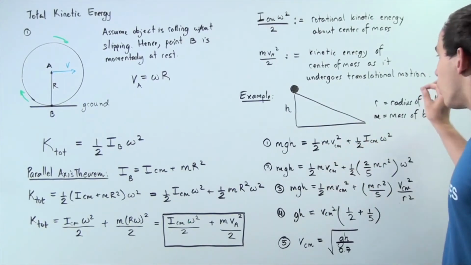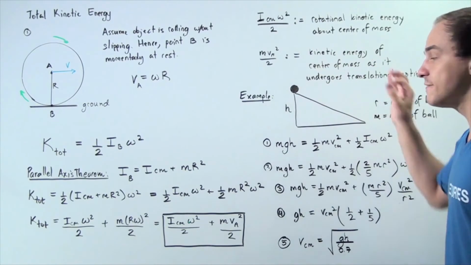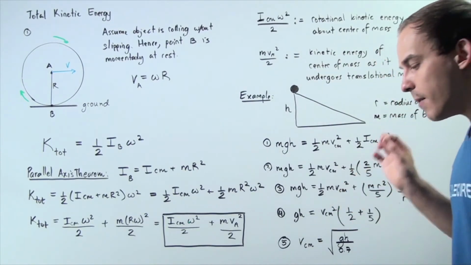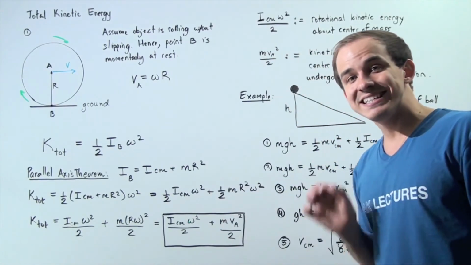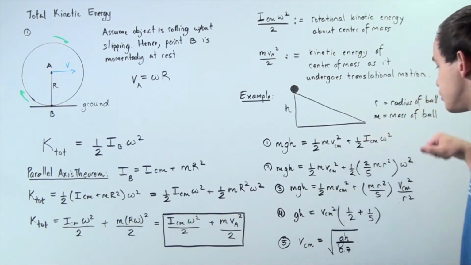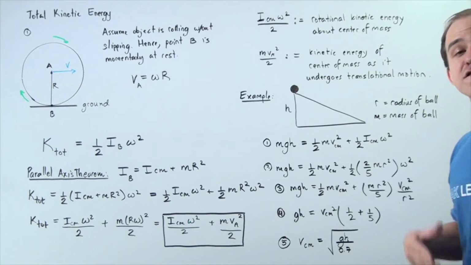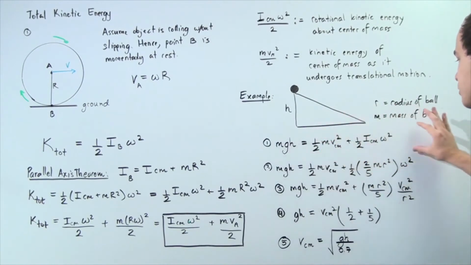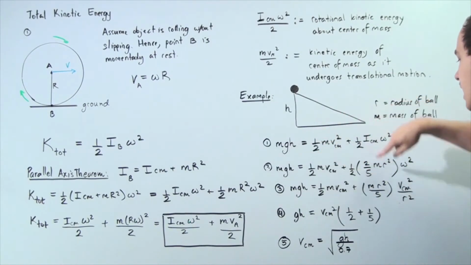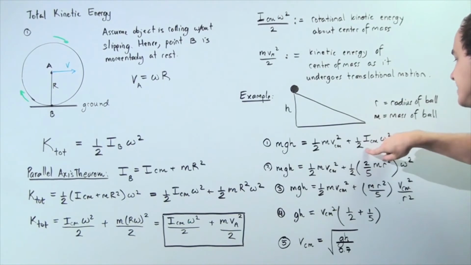Now notice we are dealing with a solid sphere, and that means the moment of inertia of a solid sphere about the center of mass is given by the following equation: 2 divided by 5 multiplied by the mass of the sphere multiplied by r squared. So we have the following equation, and we simply plug this entire term into ICM.